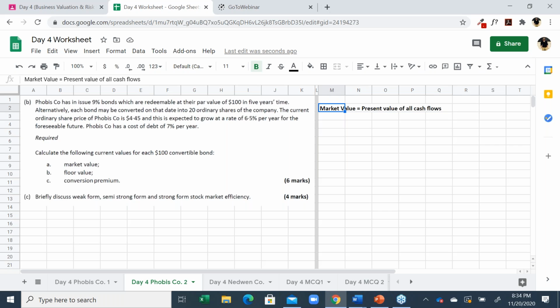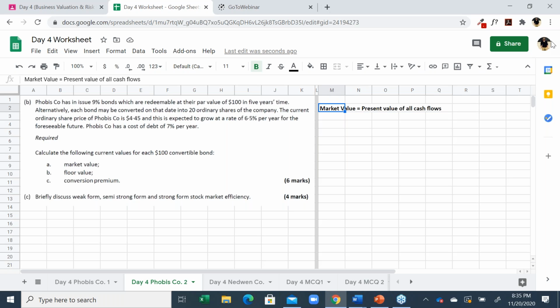So now just understand that there are two types of cash flows that investors will be getting against these bonds. Number one, the interest payments, and number two, the amount that they will be getting on redemption.